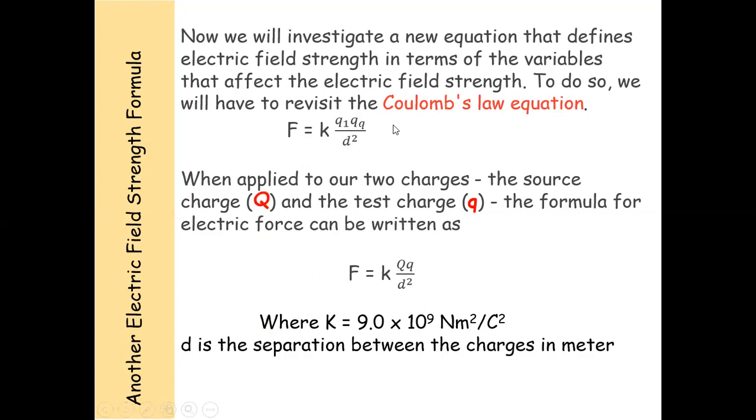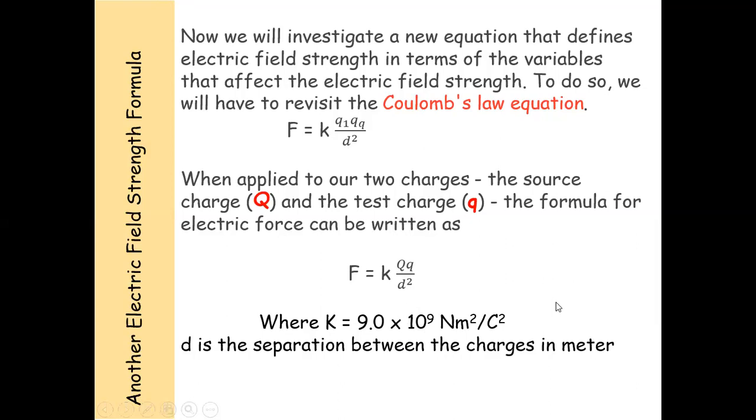We have represented the source charge by q and the test charge by small q, so instead of q1 and q2, we write q and small q. d is the distance between them, and we take the square of the distance, where k is Coulomb's constant with a fixed value of 9 into 10 power 9 Newton meter square per Coulomb square.